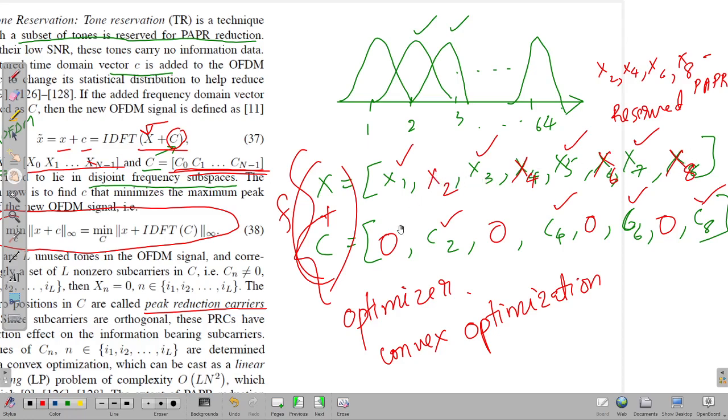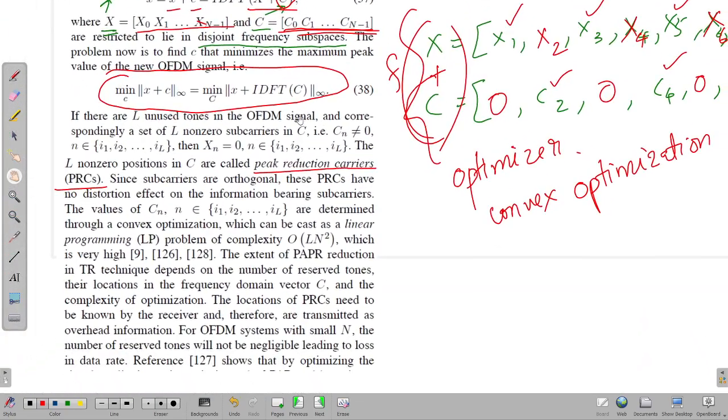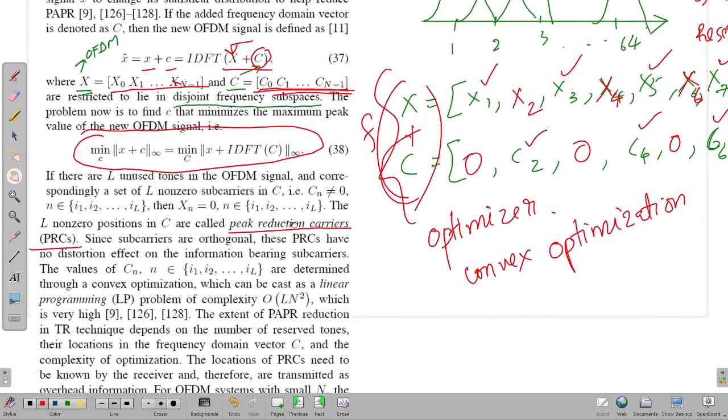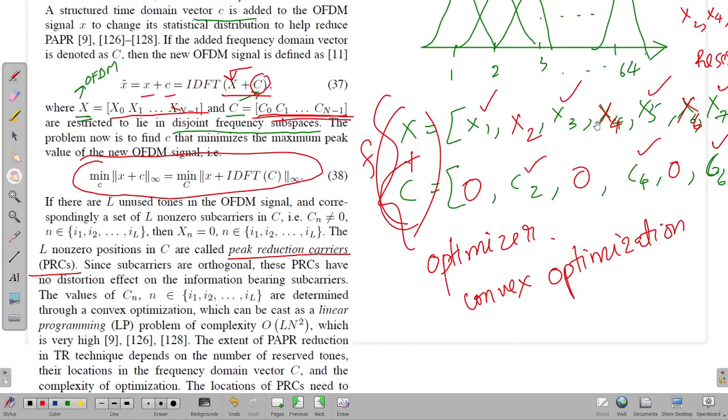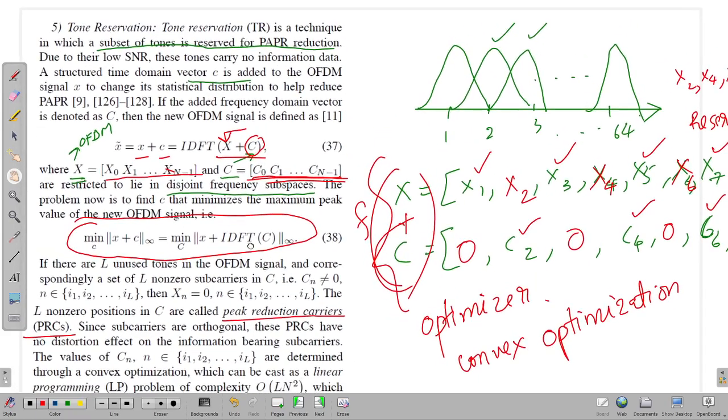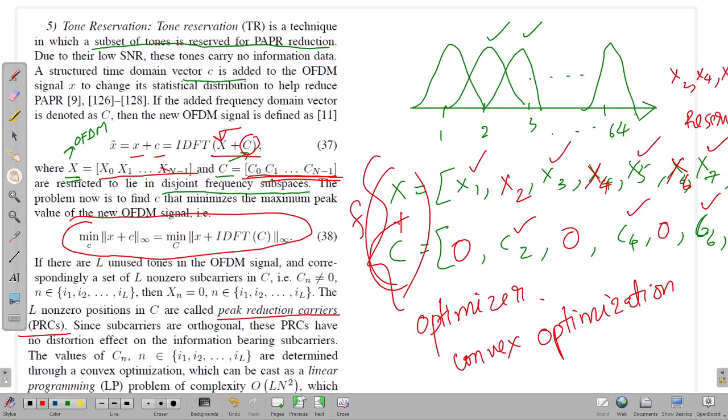With those subcarriers, the PRCs, peak reduction carriers C2, C4, C6 and C8, are getting added such that the PAPR effectively reduces. This can be configured as a linear programming problem. I'm not going into more complexities of this tone reservation.